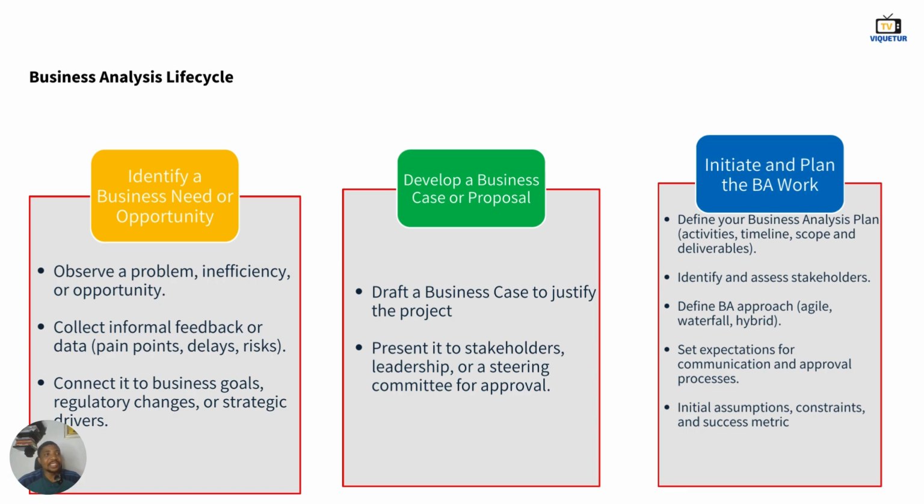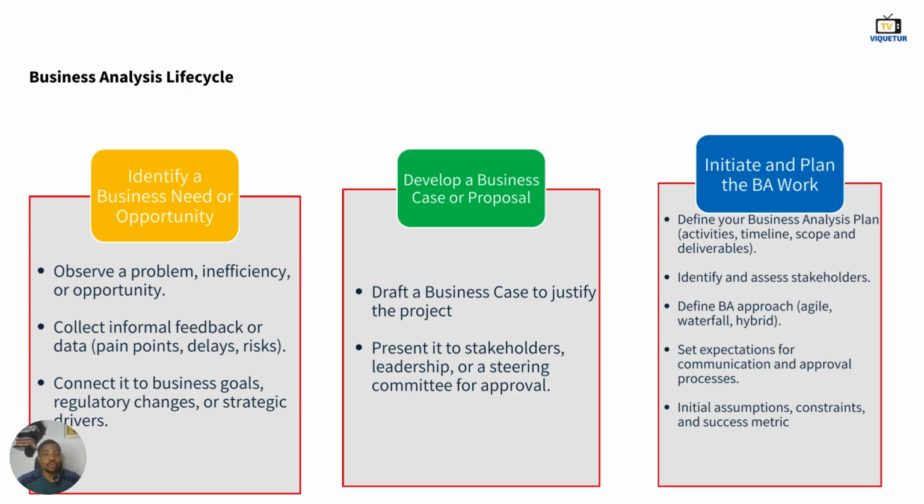And a business case is basically a document that has your problem statement, your proposed solution, the risk and constraint, the cost and benefits, the estimate of the cost, the timeline, the scope, and the stakeholders as well. So you draft your business case. We are going to see how to draft the business case.